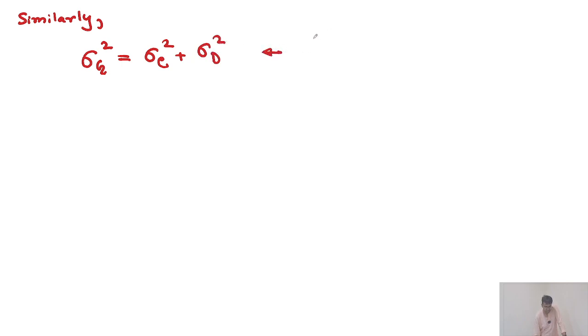Similarly, sigma G square is equal to sigma C square plus sigma D square. Here I have used that C and D are independent. Right?